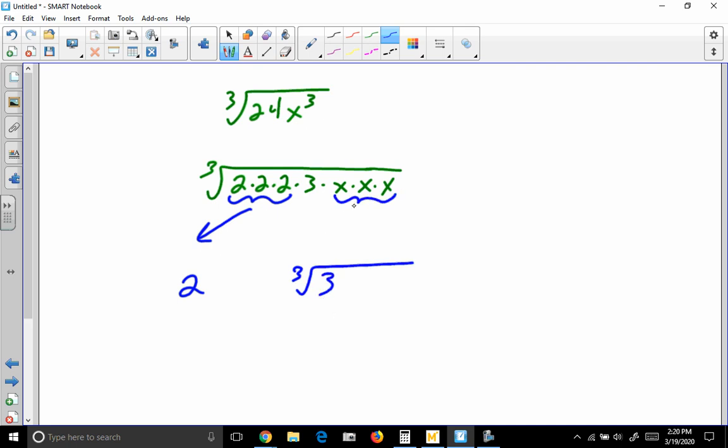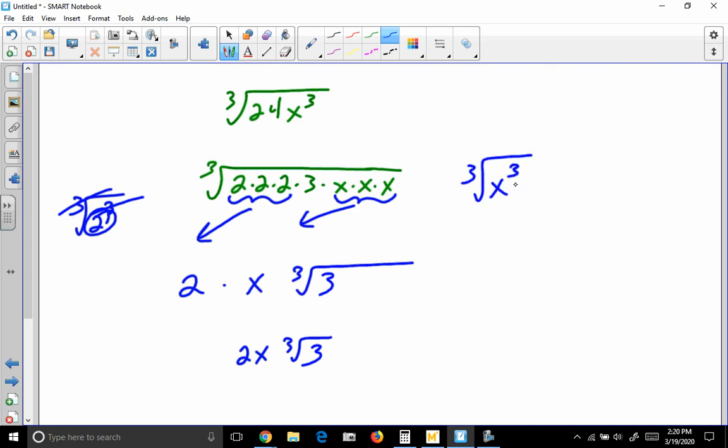We have a group of x's, so we can bring an x out. So 2x times the cube root of 3. Again, the 2 is underneath the cube root, and the 2 comes outside. x times x times x is x cubed. That's under a cube root, so those cancel, hence we get an x outside. But if it's not in a group, it stays underneath.